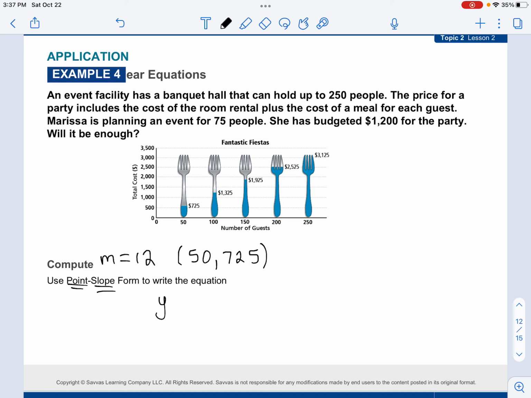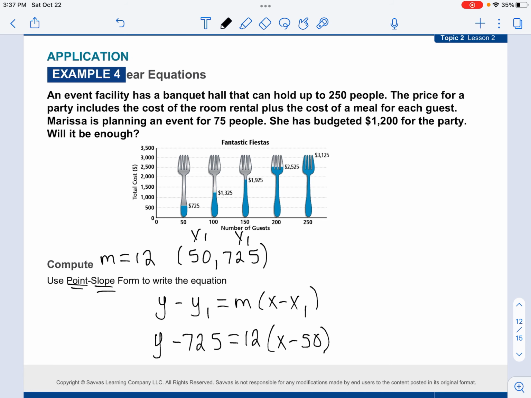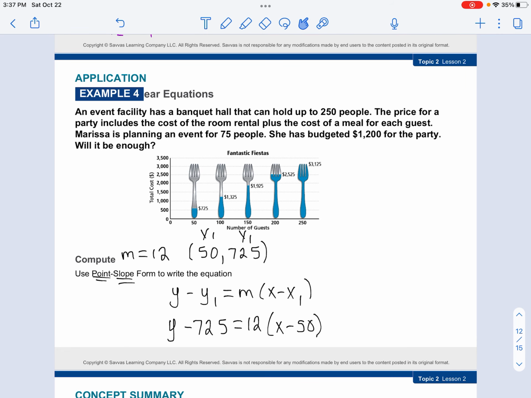So y minus y1 is going to equal m times x minus x1, remembering that you're replacing x1 and y1. So y minus 725 is going to equal your slope of 12, x minus 50. And that is our final equation written in point slope form.